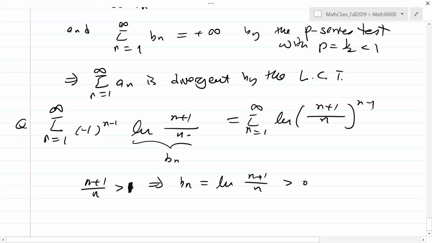There are many different forms to that, and sometimes it's written in the form like that. If you put a negative sign down here, then you prove whether this series is convergent or not.